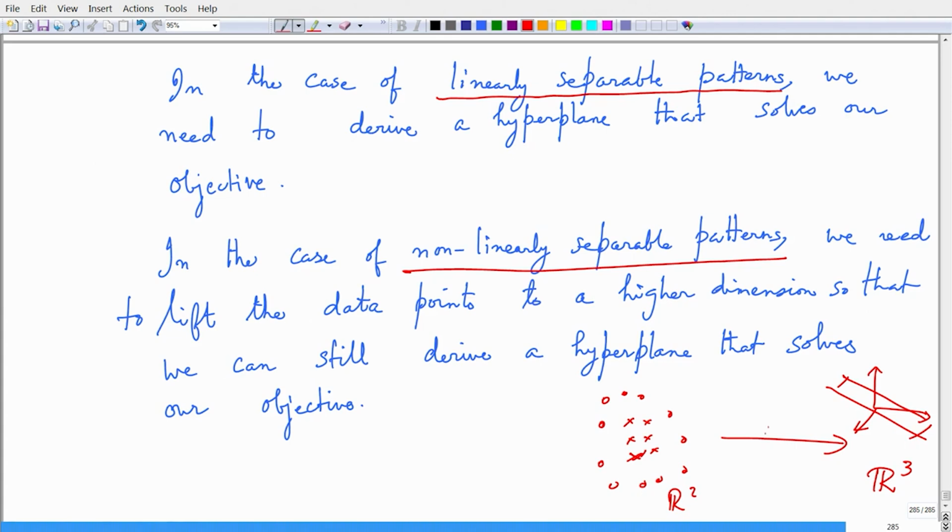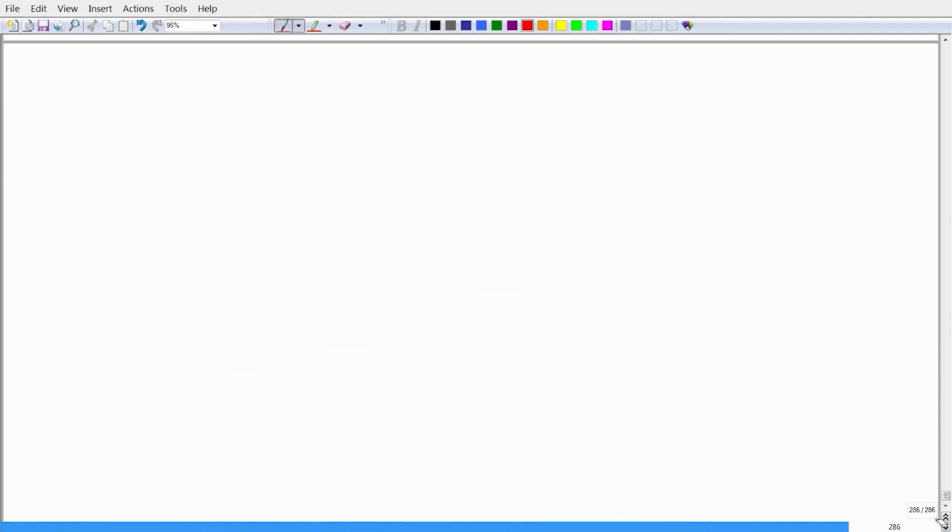So, some transformation T going from R2 to R3 gives a plane in R3 that can separate these points. So, this is sort of the idea. Now, let us go slightly deeper into this topic.